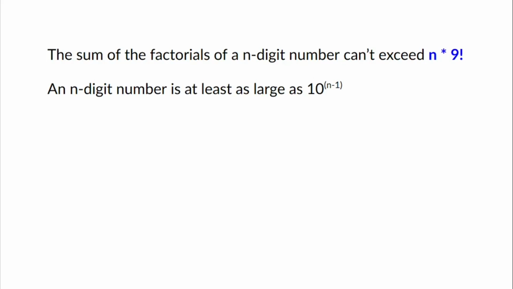Convince yourself. For example, for a 2-digit number, n is equal to 2. 2 minus 1 is 1 and 10 raised to the power of 1 is 10, which is the smallest 2-digit number. Now, n into 9 factorial is n into 362880, which is the value of 9 factorial.